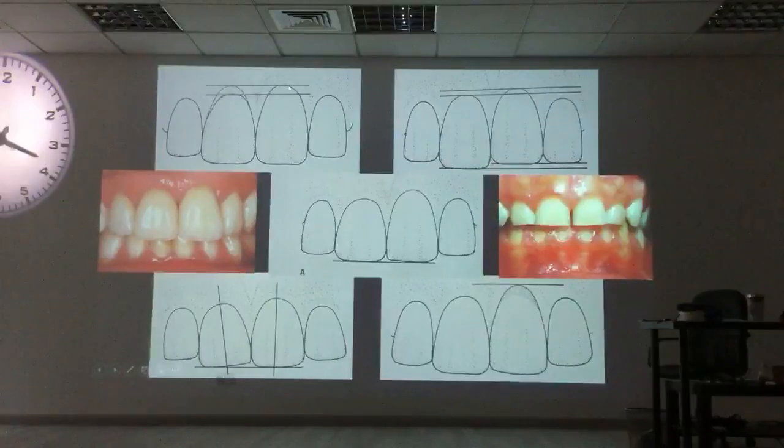But if this central is here and the bone is here, and you're placing two implants in this area and you do an augmentation and you don't get the bone that you built, and the neck of the implant is showing, then it will be very ugly.